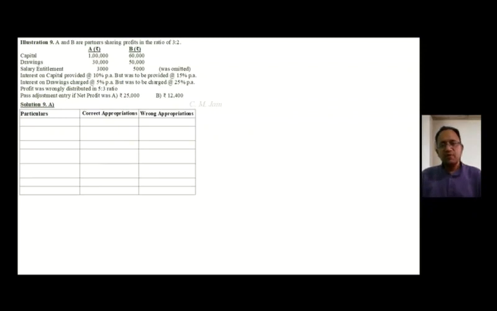Now, first of all, we will write the amount of profit. In both columns, correct as well as wrong, write down profit rupees 25,000, because in case A, profit given to us is rupees 25,000.